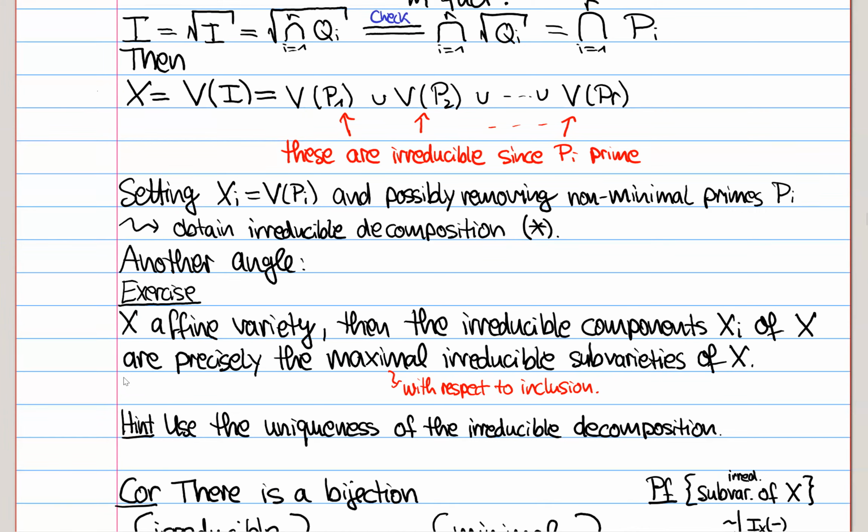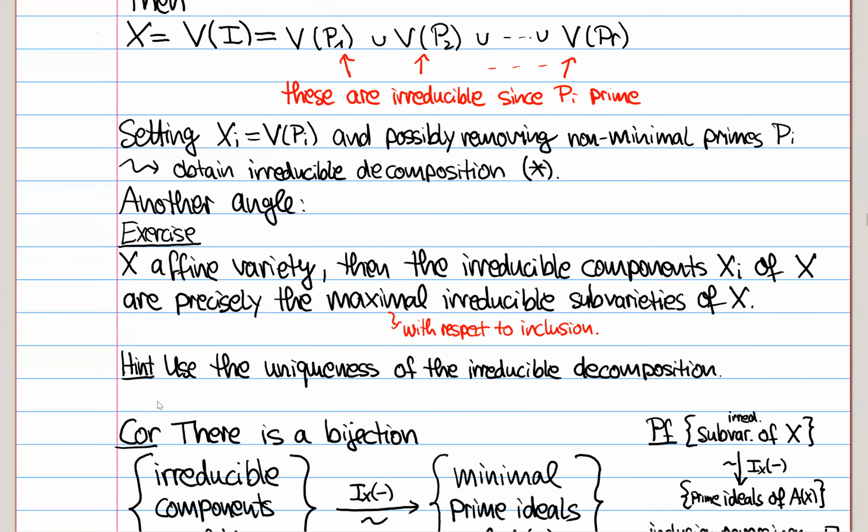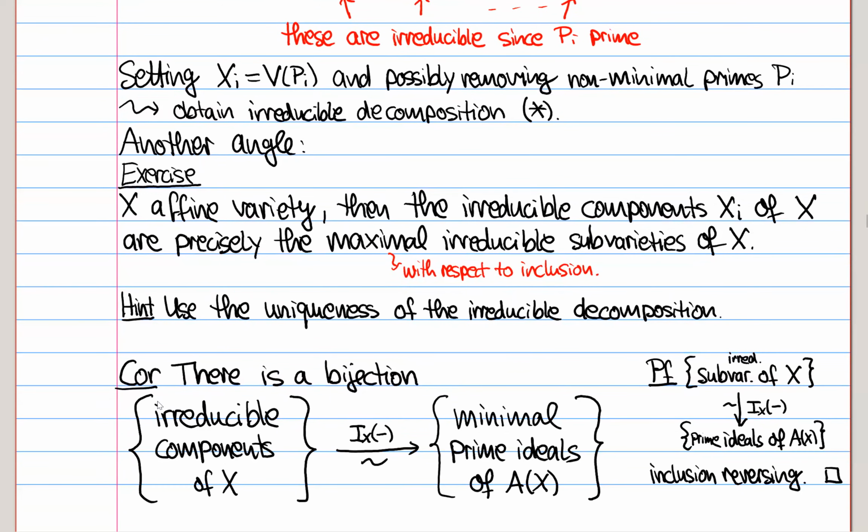I think it's a good exercise because it recalls all of these notions of being irreducible, and it also recalls some properties about this irreducible decomposition, because the hint is you should use the uniqueness part of the irreducible decomposition to see that indeed the maximal irreducible subvarieties are exactly the irreducible components. And so with this exercise, we can then have a nice corollary, another classification of the irreducible components of X.